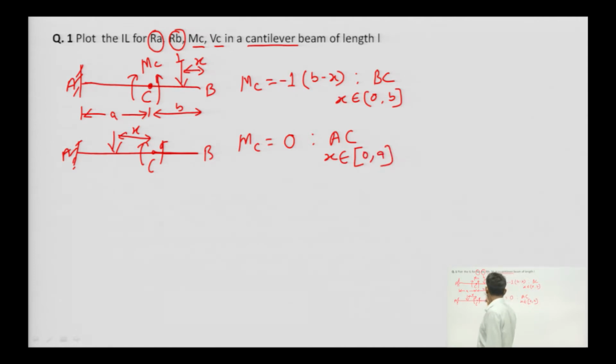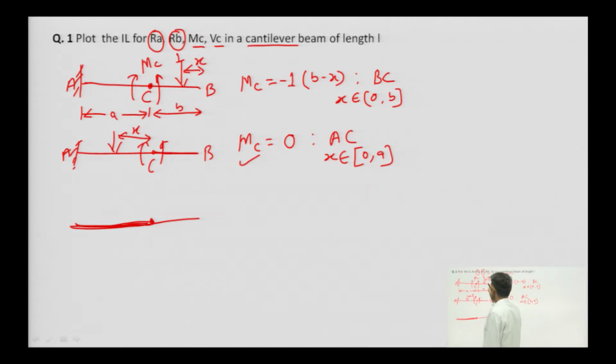Let us plot these two equations. So, at point C, the bending moment in segment AC is 0, and for BC segment it is B minus x with minus sign.